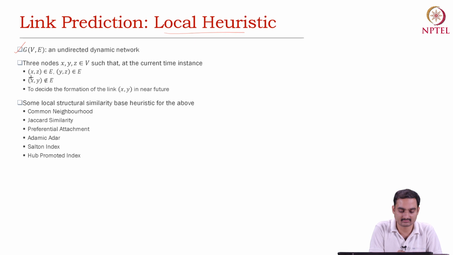Let us assume that x and z are connected, y and z are connected, but x and y are not connected. How do we decide whether x and y will be connected in the future? We will discuss the common neighborhood similarity metric, Jaccard coefficient, preferential attachment, Adamic Adar, Salton index, Hub promotion index, and so on.